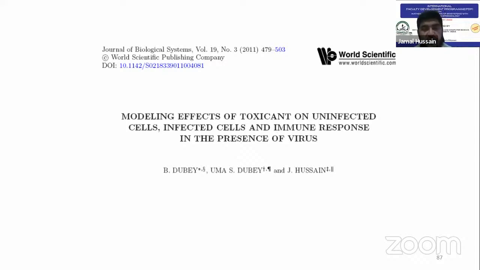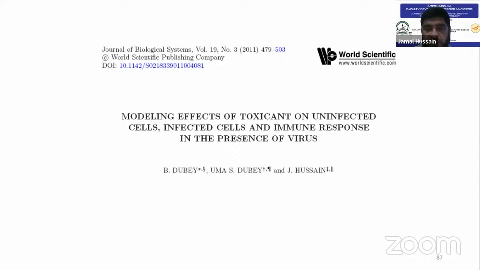And then modeling the effects of toxicant on uninfected cells, infected cells, and immune response in the presence of virus. So there is another model, the effect of toxicant on uninfected cell, infected cell, and immune response.